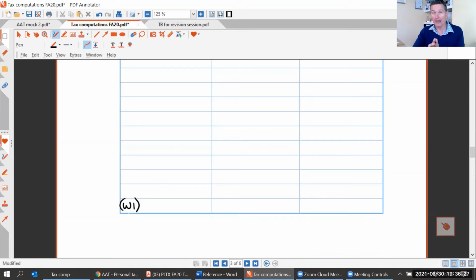This figure about to work out does not go in the tax computation. All it is working out is what the adjusted net income figure is. We'll see if that is over £100,000, and then we'll reduce the personal allowance by £1 for every £2 that this is over £100,000. It's going to be way more, but let's do it properly.